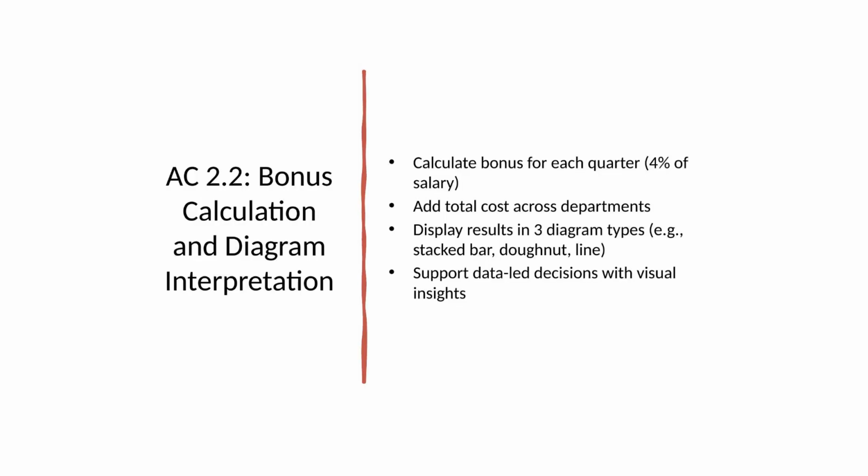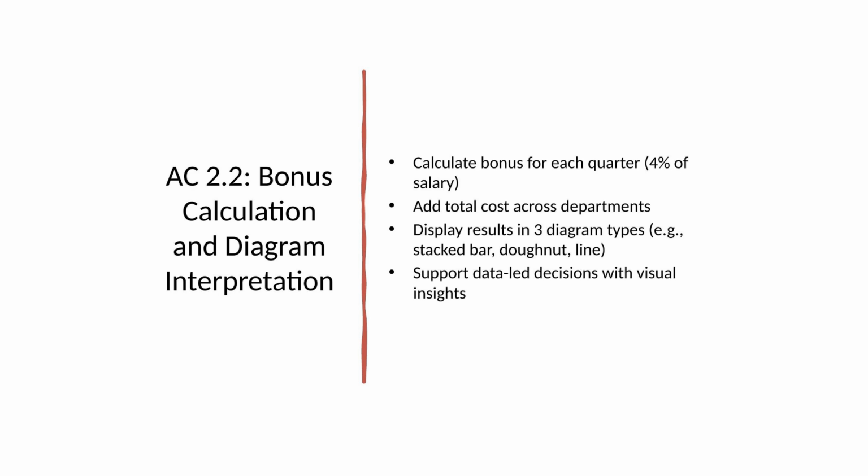To answer AC 2.2, calculate the total bonus paid to employees with an outstanding rating. Use 4% of salary per quarter, sum per department, then find overall organizational bonus cost. Visualize the result using stacked bar charts, departmental distribution, donut charts, proportions, and line graphs, bonus trends across quarters.